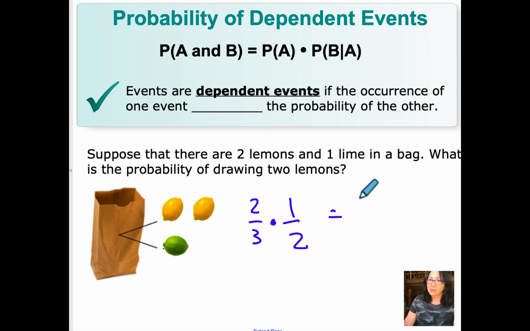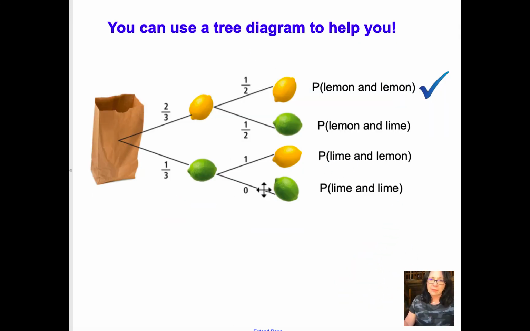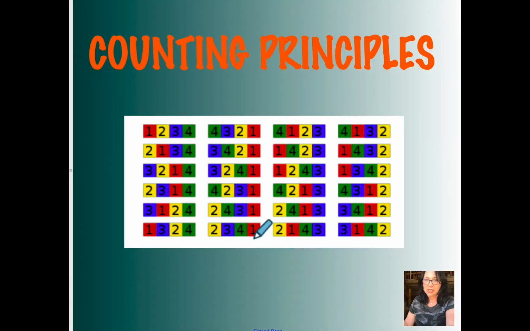And so that's going to be 2 out of 6. And so that's going to be 1 out of 6. So this just kind of gives you a tree diagram to help you. But basically, when things are dependent, the occurrence of one event depends on the probability of the next event happening. So it's going to change it.